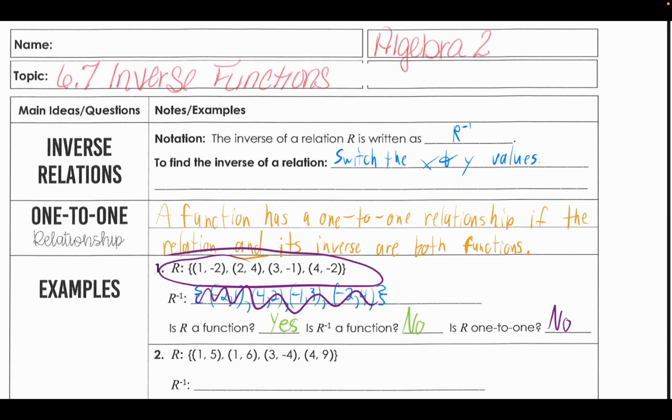But this time that impacts the inverse. And so do any of the y's repeat? If there are no y's that repeat, the inverse is a function. And if there are y's that repeat in the original, then the inverse is not a function. And because there were y's that repeated, when we made the inverse, they became x's that repeated or went to multiple y's, thus making the inverse not a function.